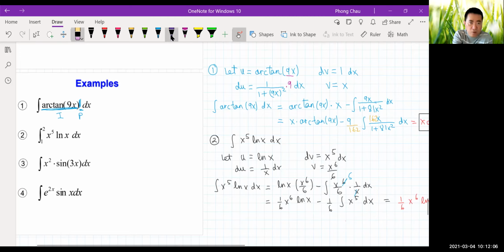So see, we have the antiderivative now, and I could use that information to finish. So this will be what?